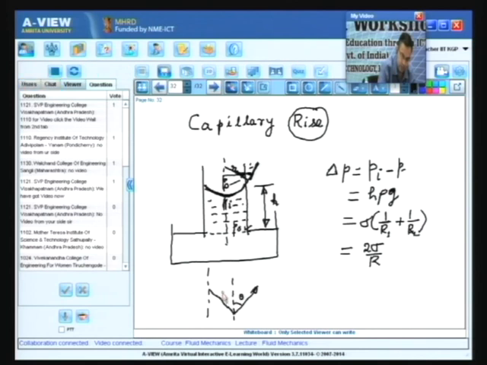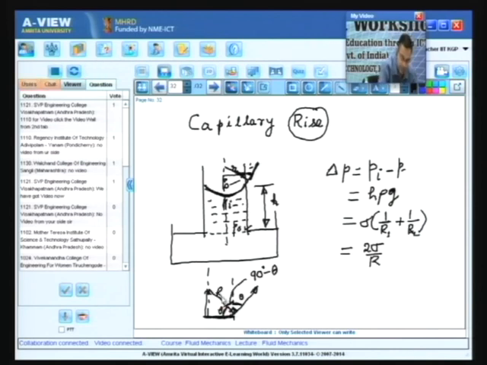So, this angle is theta, because this total angle is 90 degrees, this angle which I am showing here is 90 degrees minus theta, and therefore, if you complete this triangle, this angle is theta.